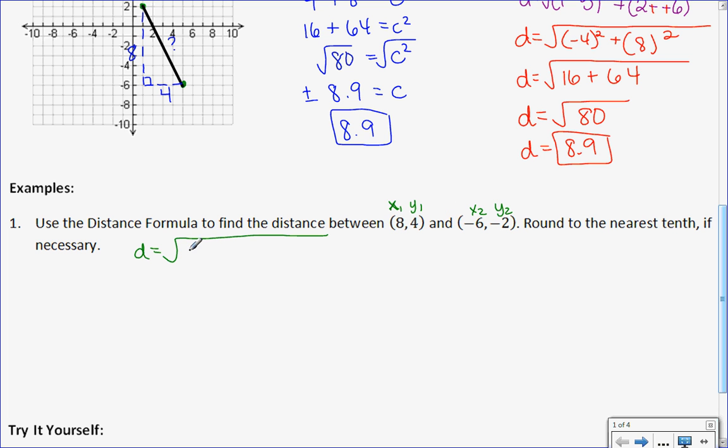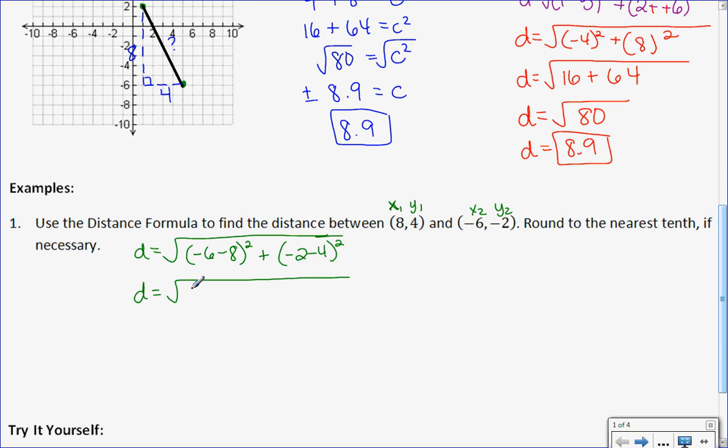Okay, so the formula starts off with d equals the square root of, and this is x2 minus x1. So x2 is negative 6 minus x1, which is 8, squared. And then plus y2 minus y1, negative 2 minus 4, squared. Remember to do this in multiple steps so that we don't accidentally miss something.